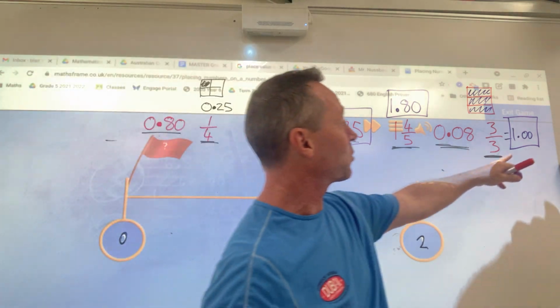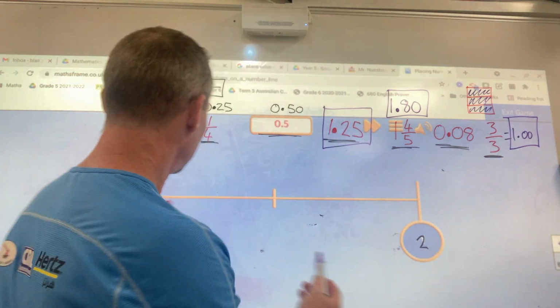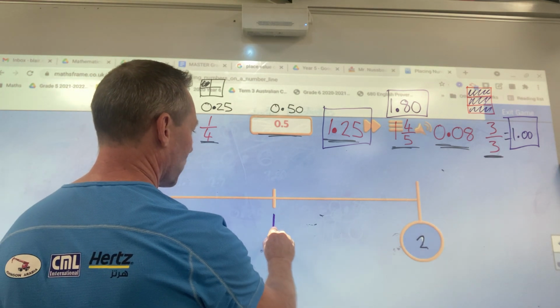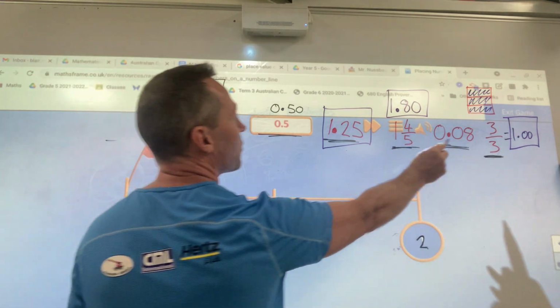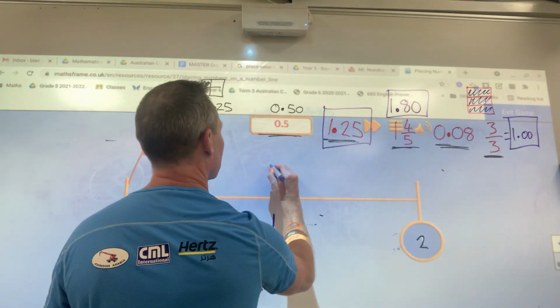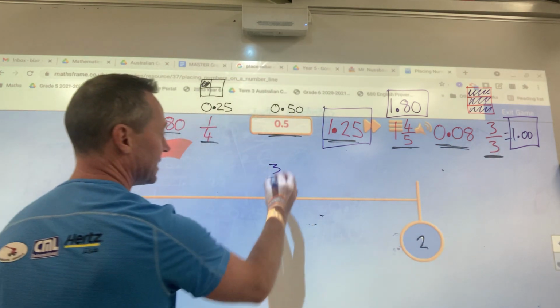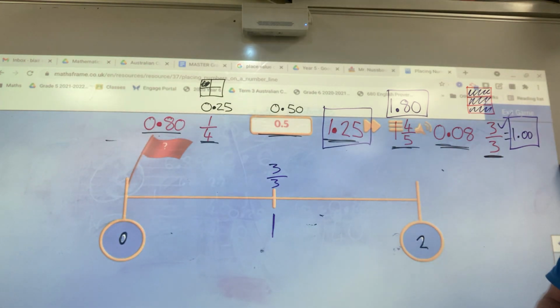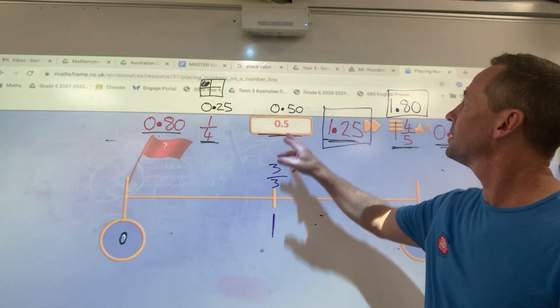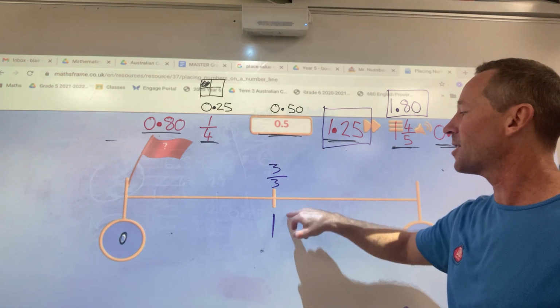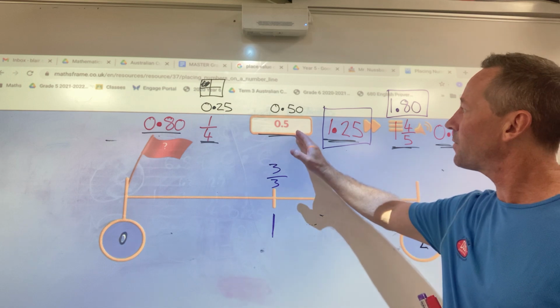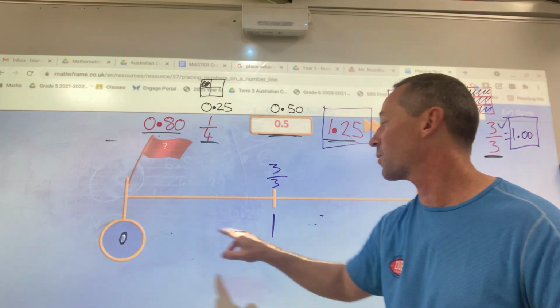We know the easiest one would be 1, but 0, 2, this has to be 1 here. So that's 1. So that one, 3 threes, or 3 thirds, would go here, because that's equal to 1. Happy with that? Yeah. Next one I might do, 0.5. If it's not there, that must mean half, or 0.5, is between 0 and 1.